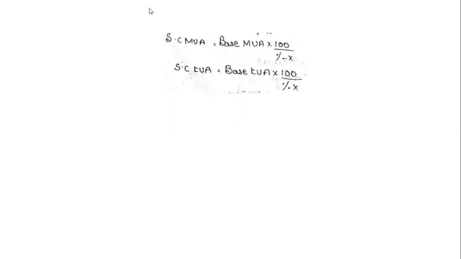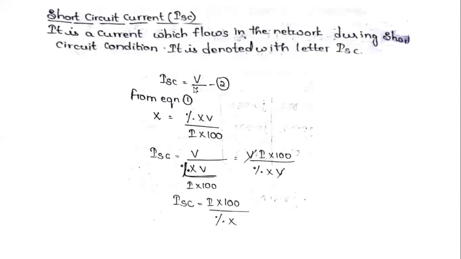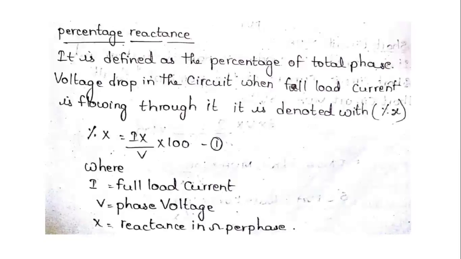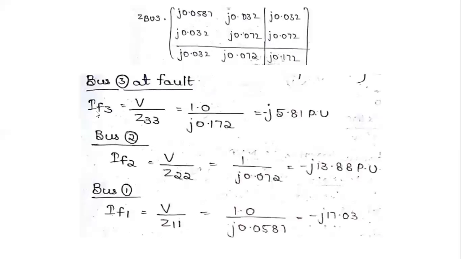Similarly, short circuit MVA is base MVA into 100 by percentage X, and short circuit KVA is base KVA into 100 by percentage X. These are the formulas used for calculating the short circuit currents, that is, the fault currents.